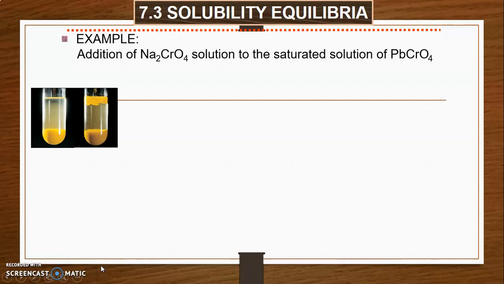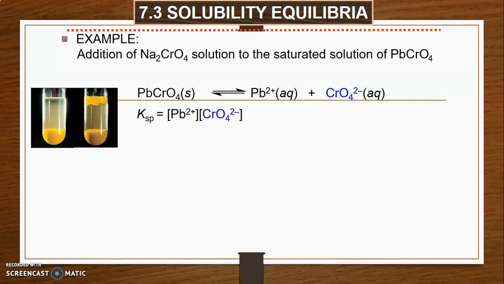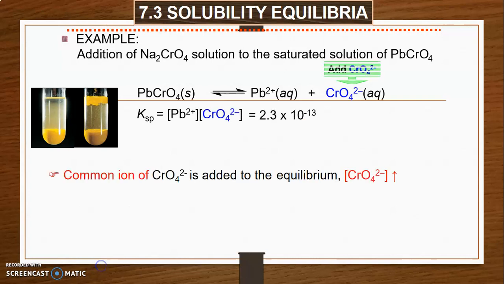For example, addition of sodium dichromate solution to a saturated solution of lead dichromate. First, we have to write the balanced equation and the Ksp expression, which has a value of 2.3 times 10 to the power of negative 13. So the common ion, dichromate ion, is added to the equilibrium, which causes the concentration of dichromate ion to increase.